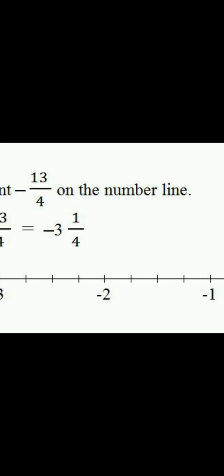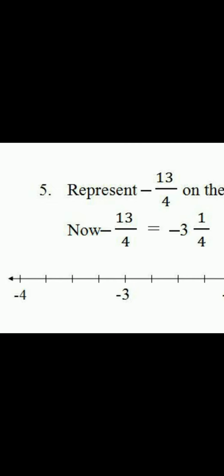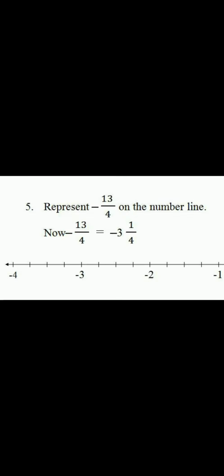As the denominator value is 4, we will separate each portion into 4 parts. I have separated 0 to minus 1 into 4 parts, minus 1 to minus 2 into 4 parts, minus 2 to minus 3 into 4 parts, and minus 3 to minus 4 also into 4 parts.